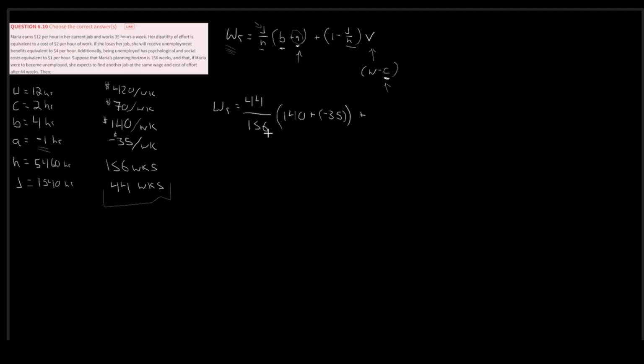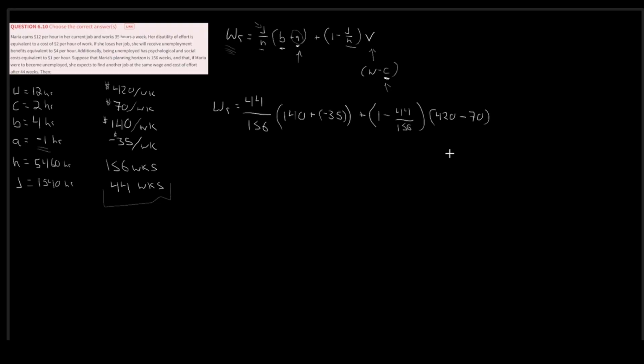So 44 out of 156 is the proportion of time that I'd be unemployed and getting these benefits, plus 1 minus 44 out of 156. This is the proportion of time I'd expect to be employed, and I'd be earning W minus C again. That is my value of B, my benefit of employment. I'd be expecting to earn again 420 minus my cost of work, which is 70.